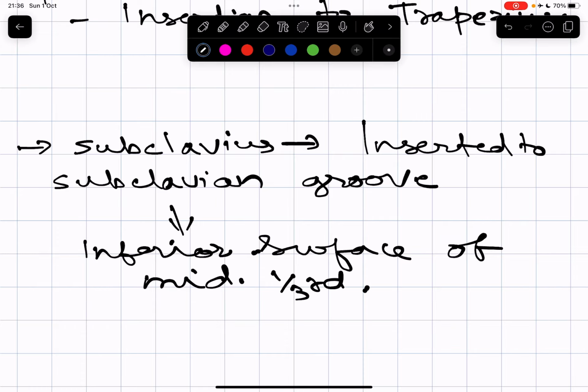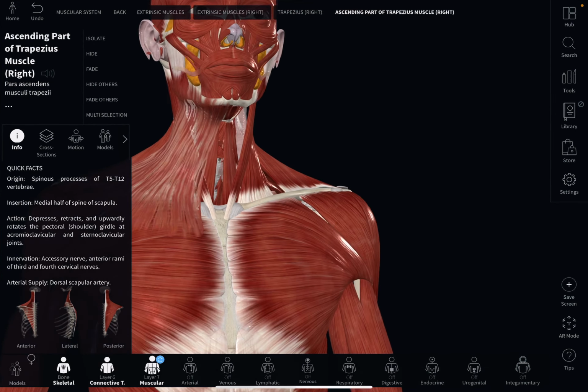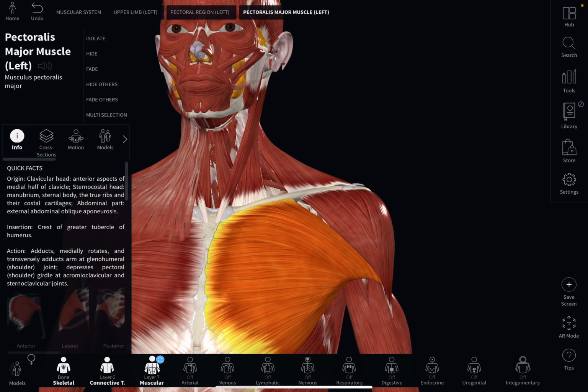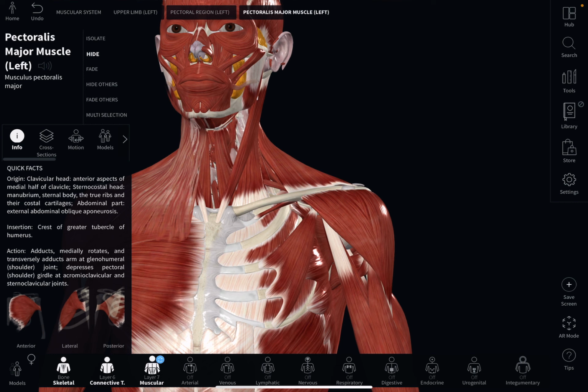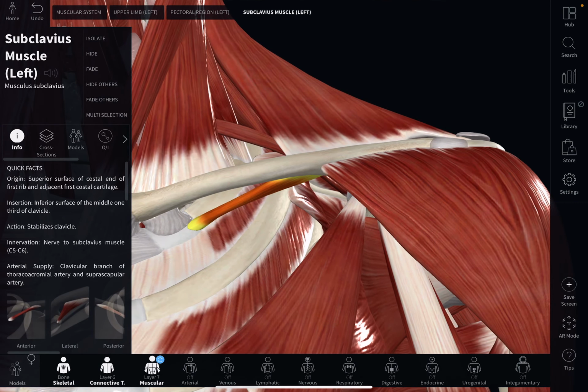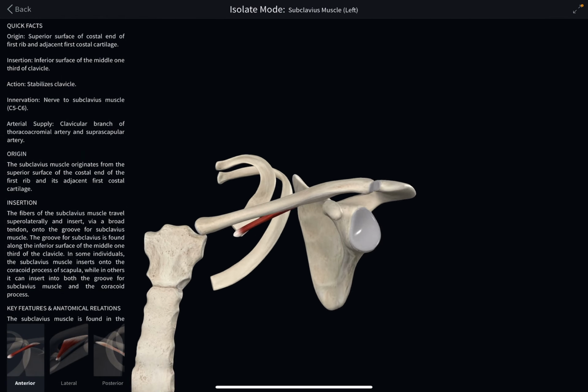So let me show you where exactly is the muscle. See, on the inferior surface, we should look for this muscle. So let me remove the pectoralis major muscle. When I hide the pectoralis major muscle, I can see there is a small muscle here. This highlighted muscle is the subclavius muscle. See that?